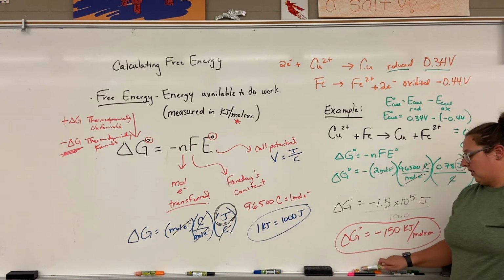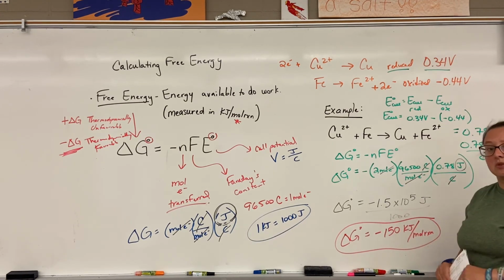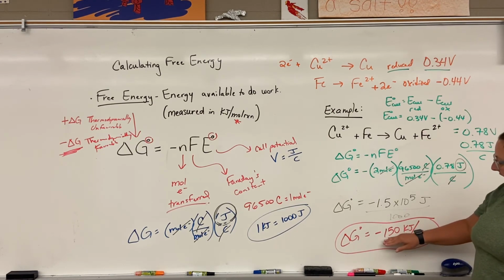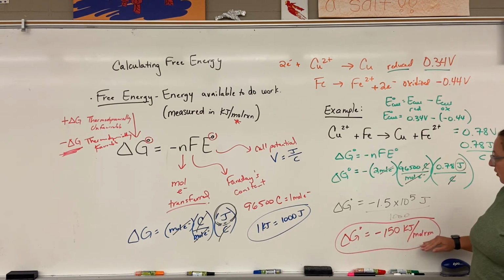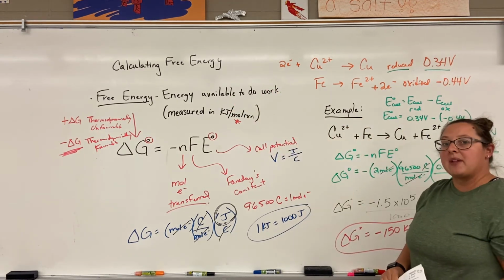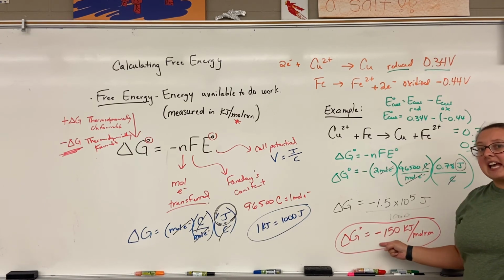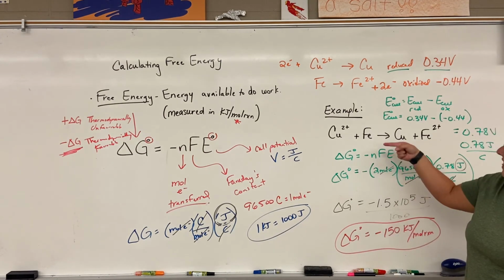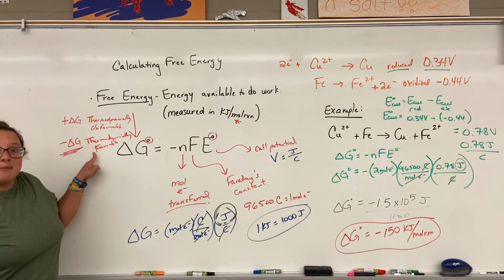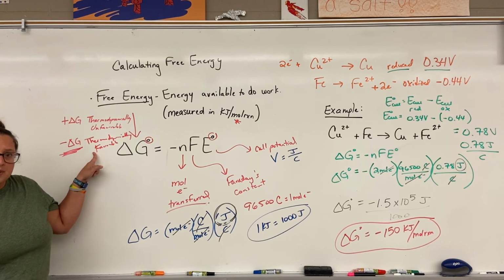That is delta G. Now, let's evaluate this. What is this telling us? Well, this is telling us that we're getting 150 kilojoules per mole of reaction of energy available to do work. And more importantly, because this quantity is negative, that is telling me that this reaction here is thermodynamically favorable. The reaction happens on its own.